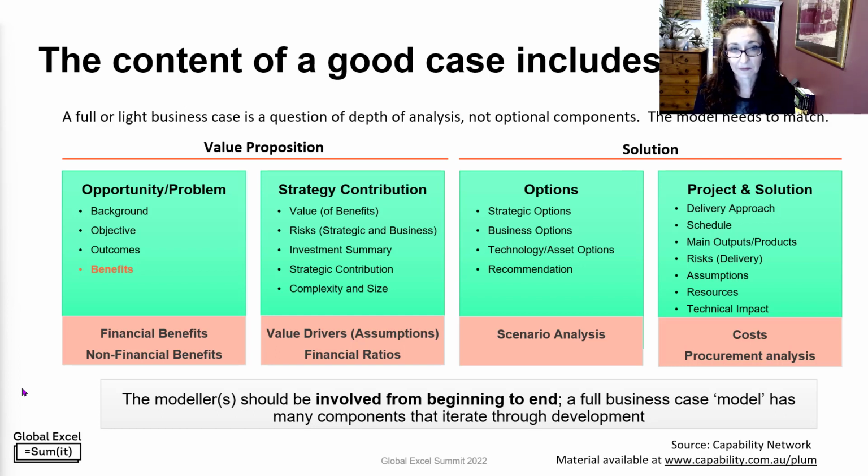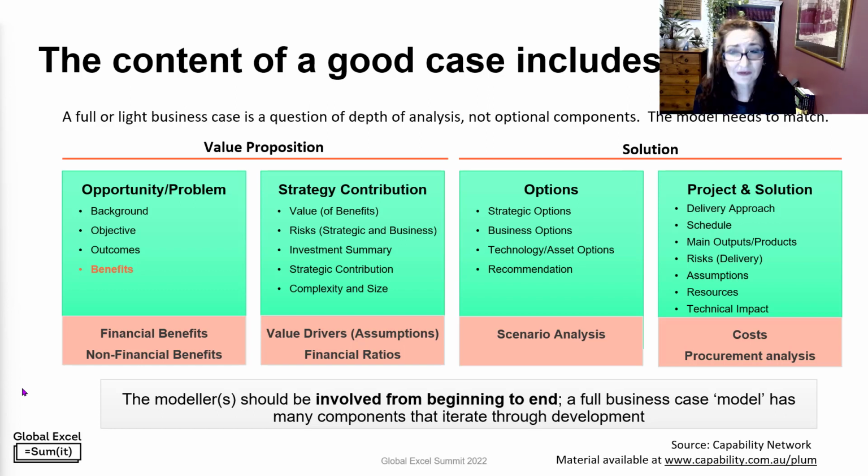The company that I've been working with is called Capability Network, and they have very kindly given us quite a lot of documentation and structure and collateral that I think you'll find useful if you want to read a little bit more about that. I'll put the reference down below so that you can download that documentation if you'd like to. So a business case model will contain data or modelling for each of these segments.